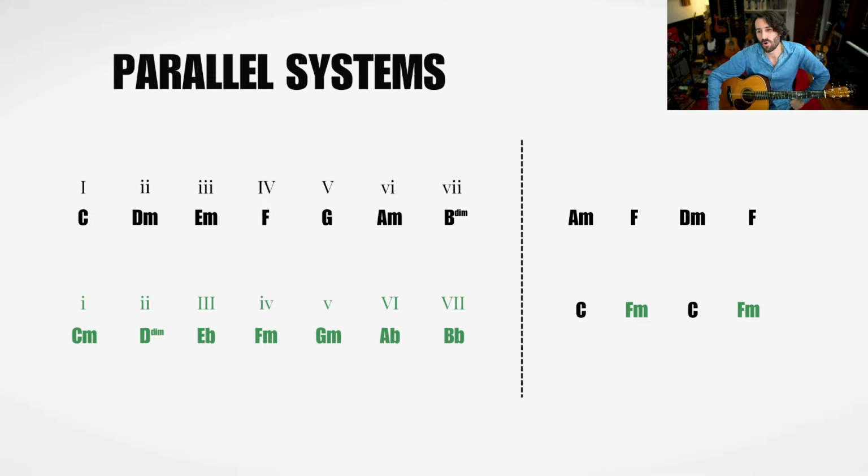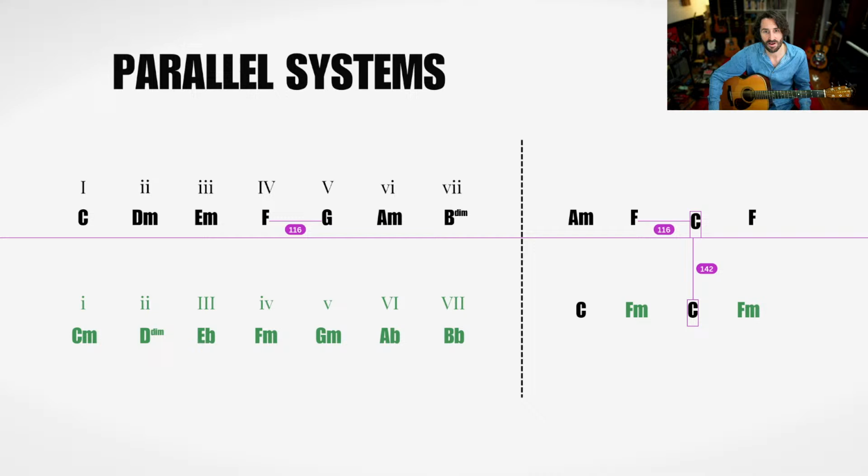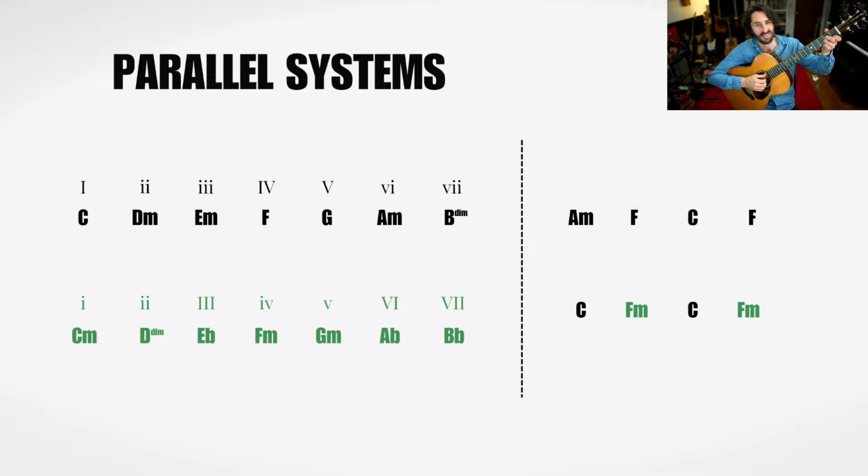Or you might use the C chord very sparingly. You could still use it, but I would put it maybe there. So it's going A minor, F, C, F. But I'm certainly not using it in first position, this power position at the beginning of the chorus. I'm going to save that for the home chord to declare it as the chorus.